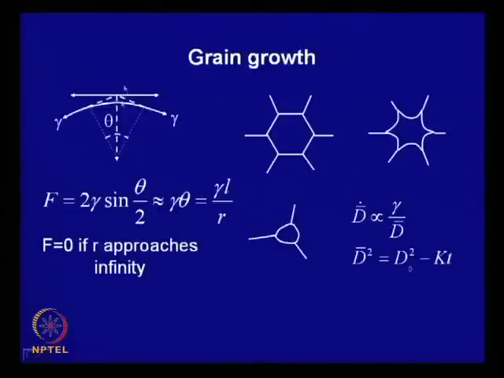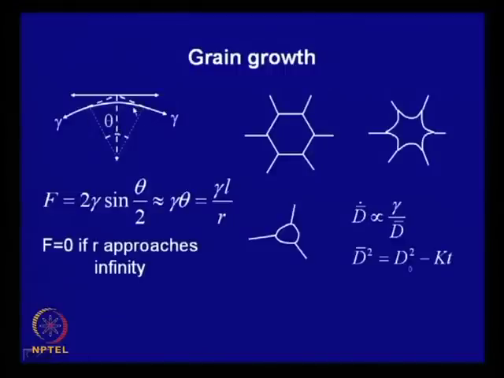So, what it means, if you have such a tension, surface tension or grain boundary energy existing, then it is possible to show easily that the curved grains will be unstable, there will be a force acting this side.